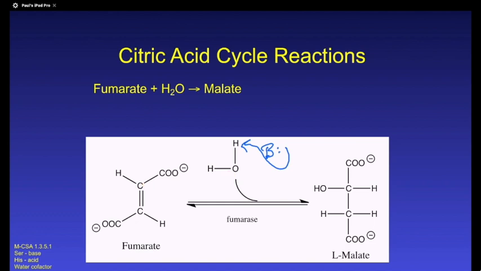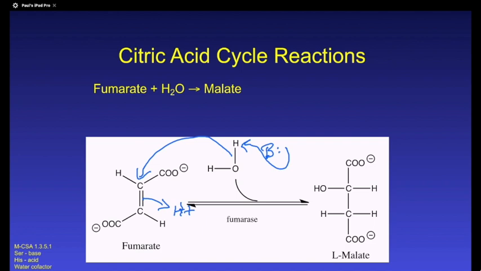The hydroxide will attack, and then this will kick up and pick up a proton. At this moment in time, we do have a stereogenic center. It is now distinguishable, and so it is not symmetrical anymore. We get what is called L-malate.